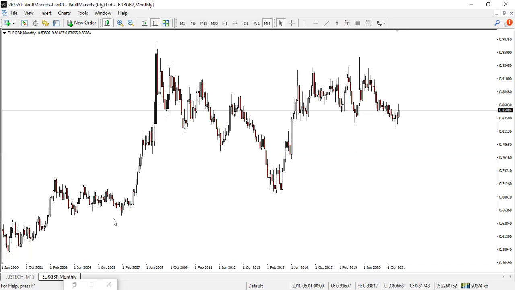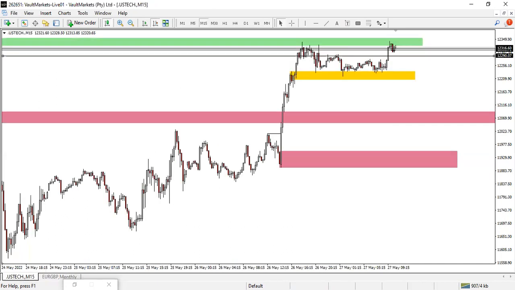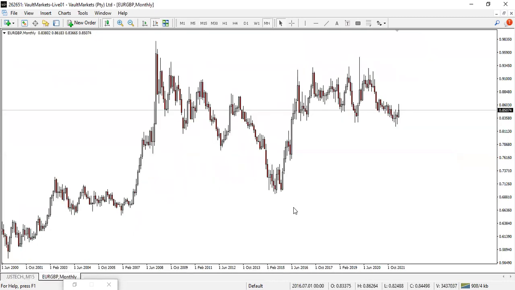For example, I'm busy at the moment with my group. We are on this Nasdaq, so we already spotted our point of interest. We have 1, 2, 3, 4, but we are not doing that, and I'm not going there. I just want to show you how to use this method on currency pairs.